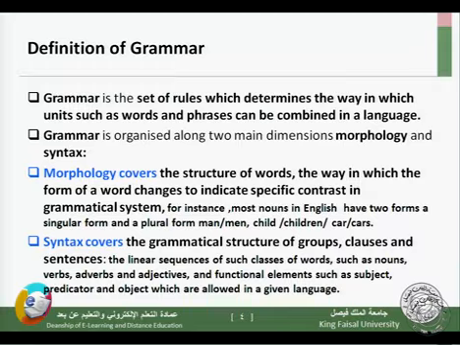Now, I like tea is a clause, but I don't like is another clause. So two clauses combined together with but makes a compound sentence. So you need to know all these elements of the language. The example I've given to you is just an example to explain what we mean by clauses. Now, due to lack of time, I can't go through every little term to explain to you.